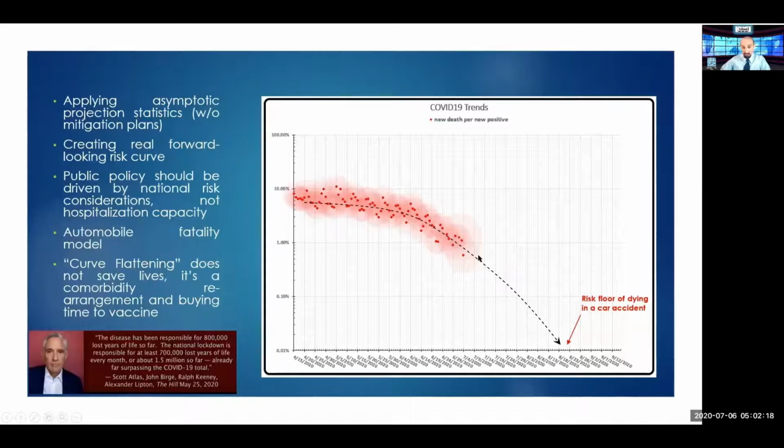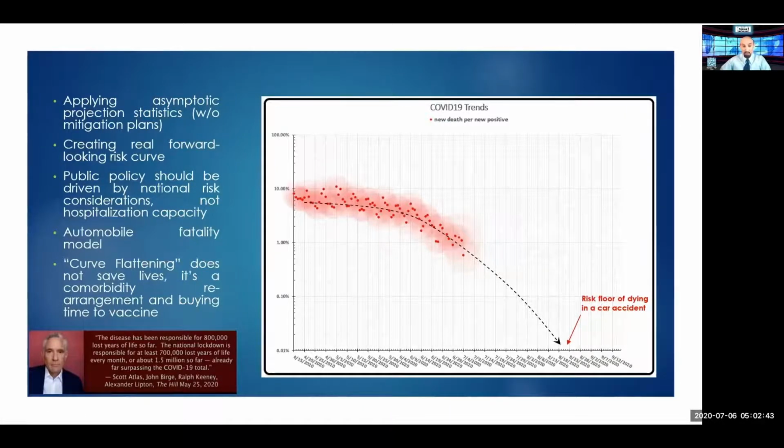this data will project itself out to sometime perhaps late August, where the risk of dying from COVID will be close to the risk floor of dying from a car accident. Now, this does not mean that COVID infections and fatalities are going to go away.